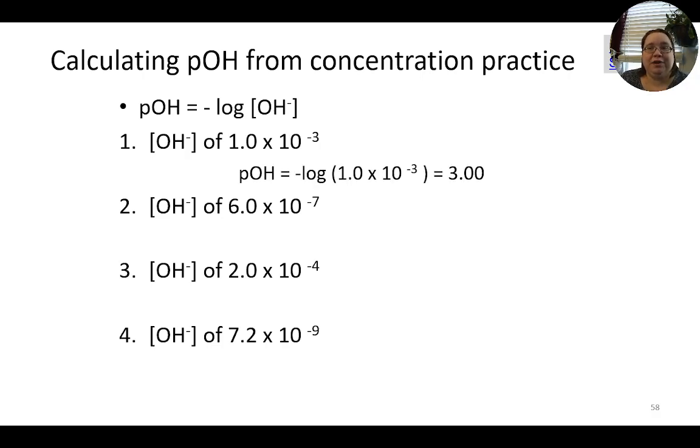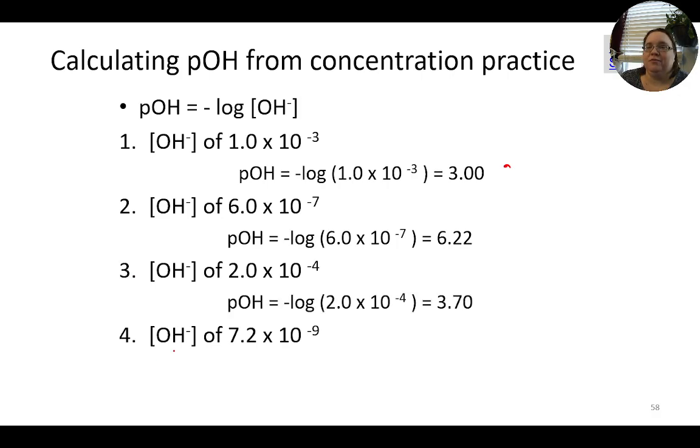Negative log 1.0 times 10 to the negative 3. It's got a pOH of 3. My pOH for number 2, 6.22. For number 3, negative log of that number, get a pOH of 3.70. And last but not least, if I were to take the negative log of that number, I get a pOH of 0.14.